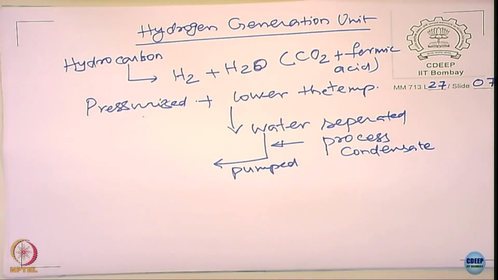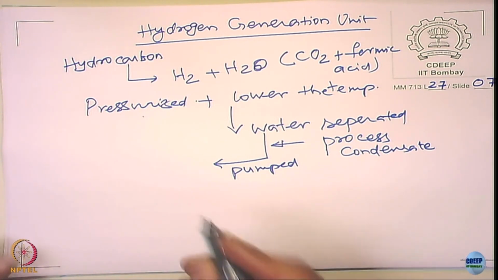It is a nice water, no chlorides and all, but what does it have? It has carbon dioxide, it has formic acid. It is a pure water, almost like distilled water. So what do you think is its property? What will be its pH, you think? It will be alkaline, neutral, or what do you think? So it should be slightly acidic, right?